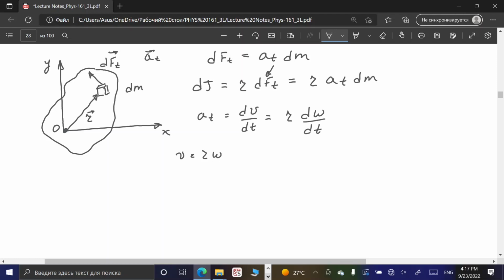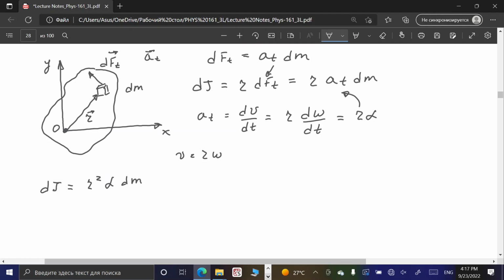That's the first derivative of angular velocity, and that is equal to r times alpha. Alpha stands for the angular acceleration. Now we can substitute it here, and we get the expression for the torque exerted on this mass dm with respect to the axis of rotation going through the center of coordinates O: r squared times alpha times dm.